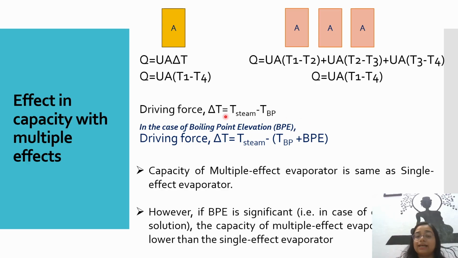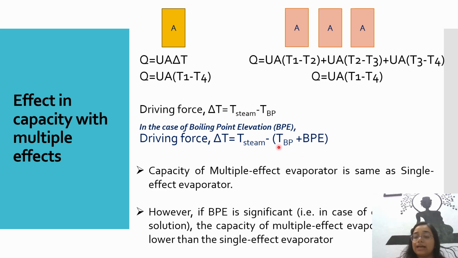Now what if we take a concentrated solution? As we have discussed, in that case boiling point elevation will be a significant parameter. The driving force will not be the difference between the temperature of steam and the boiling point. Instead, the driving force will be based on the boiling point plus the boiling point elevation.